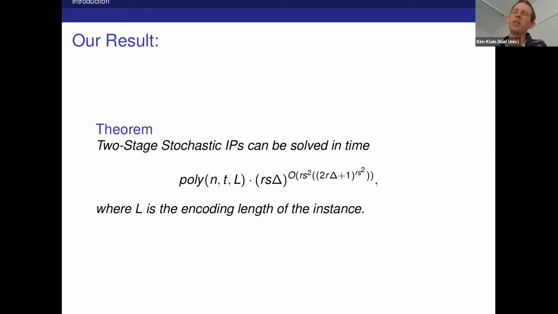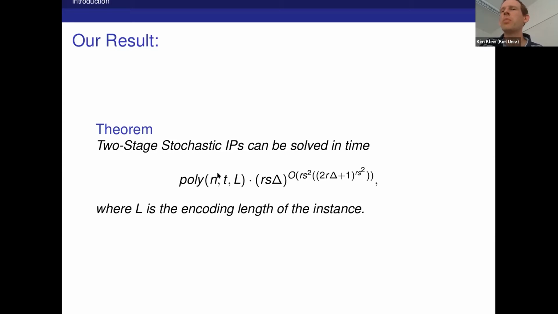Okay, so this directly gives us an algorithm to solve the two-stage stochastic IP, and the running time that we obtain is double exponential in r and s. R is the number of variables of the A matrix, and s is the number of rows of the A and B matrix. t is the number of variables of the B matrix, which now only occurs polynomially.